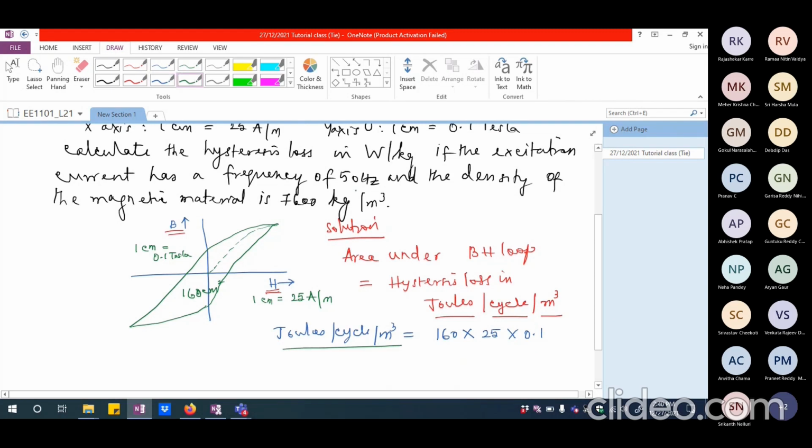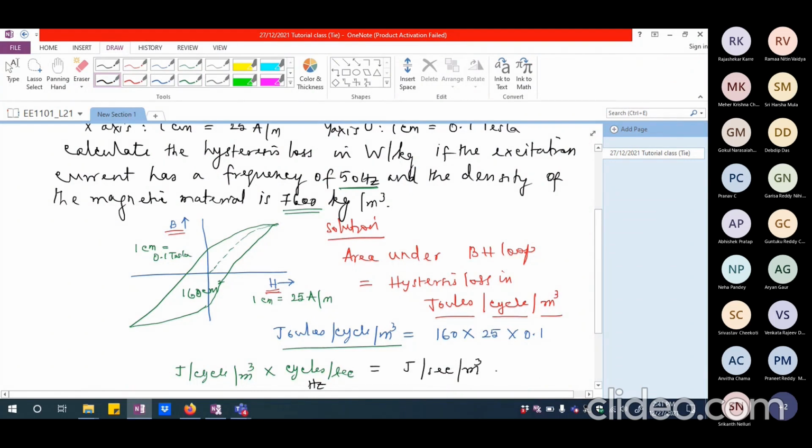This is the energy loss in joules per cycle per meter cube. And what is given is 50 Hertz as the frequency and the density is 7600. So joules per cycle per meter cube multiplied by cycles per second, which is the frequency in Hertz, will give us joules per second, which is watts, per meter cube.